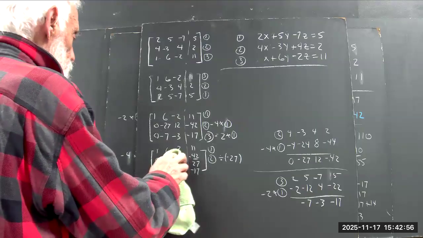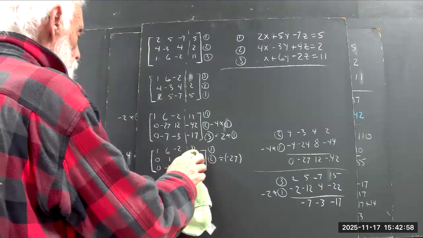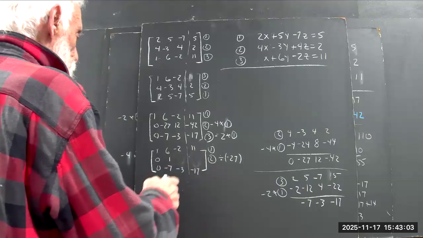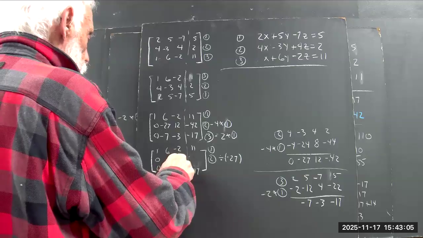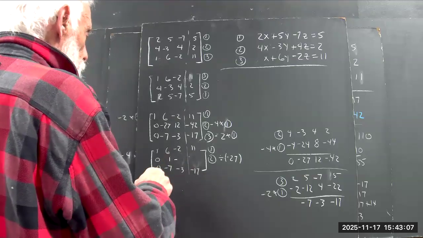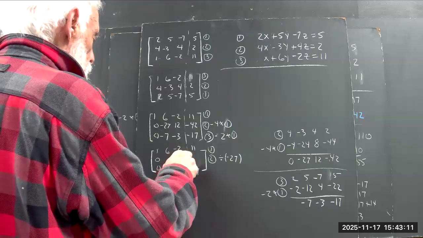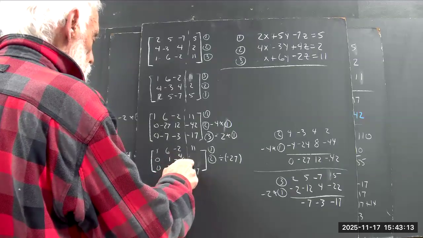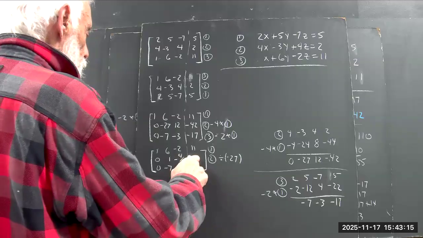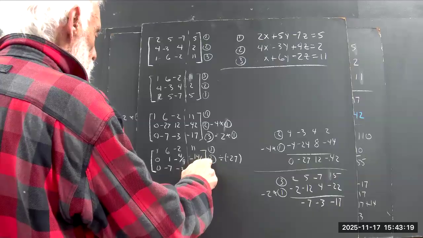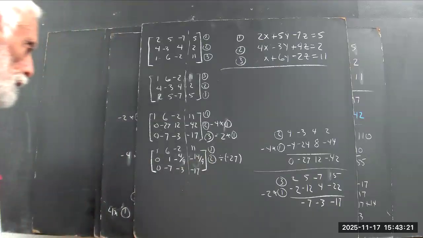So I'm going to replace these fractions with their reduced form. And I get -4/9, -14 over 9.